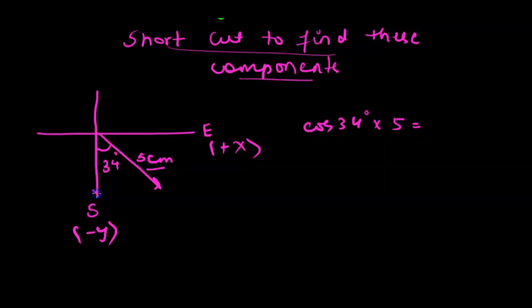In this case, the angle is lying on the y-axis, so the y component will be cosine 34 times 5. And the other component, your x component, would be sine 34 times 5.